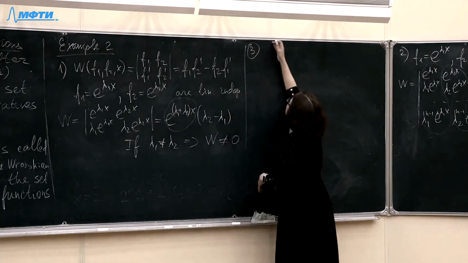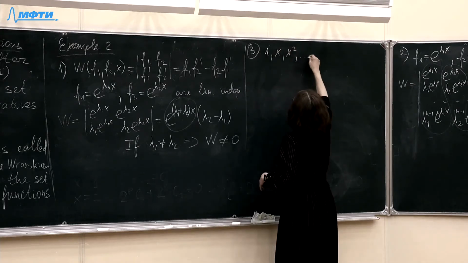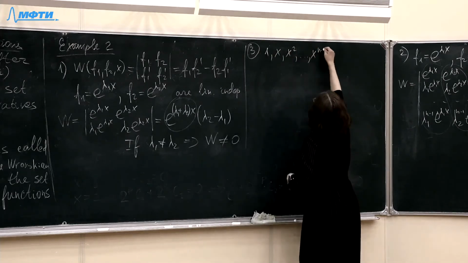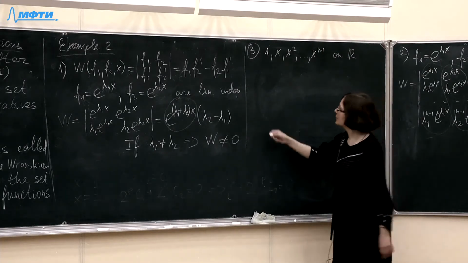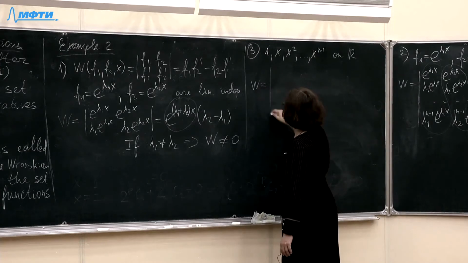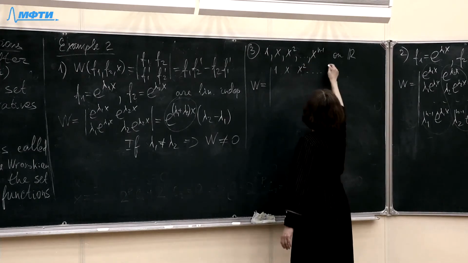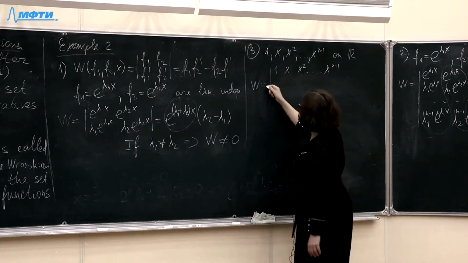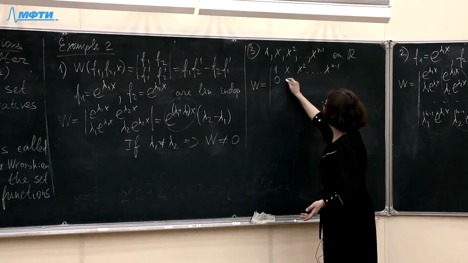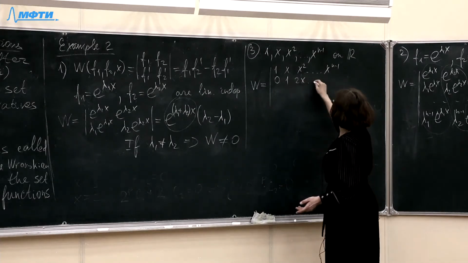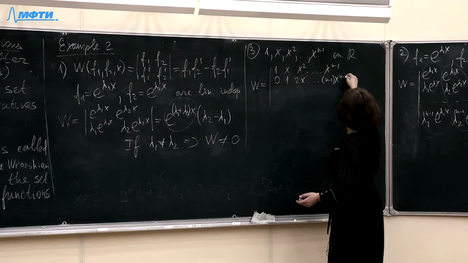Let's consider the functions 1, x, x squared, and so on, x to the power n minus 1 on R. And let's form the Wronskian of these functions. The second row, where we differentiate them, will be 0, 1, 2x, and so on, n minus 1 times x to the power n minus 2.